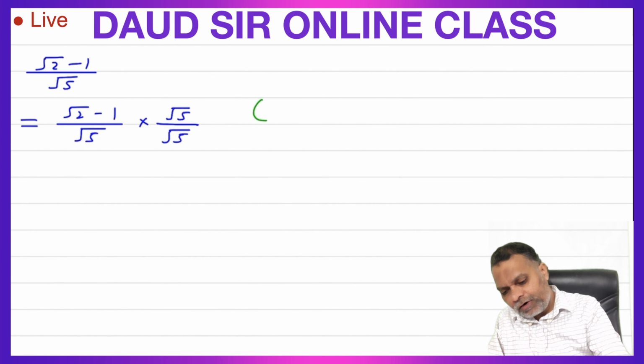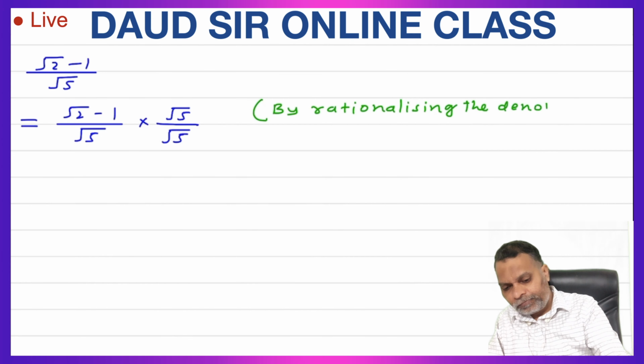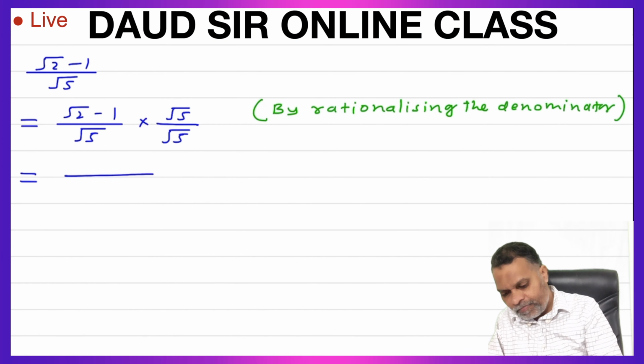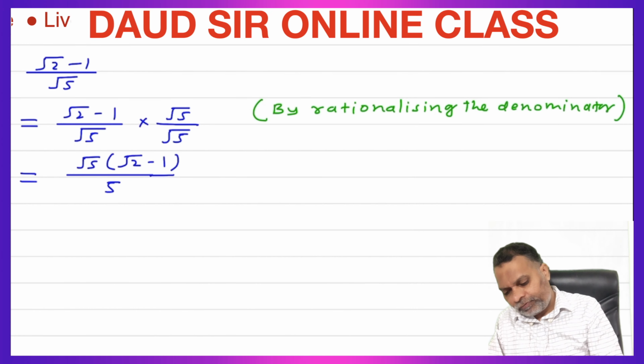By rationalizing the denominator, which is equal to root 5 into root 2 minus 1 upon 5. Here directly we can put the value of root 5 and root 2.